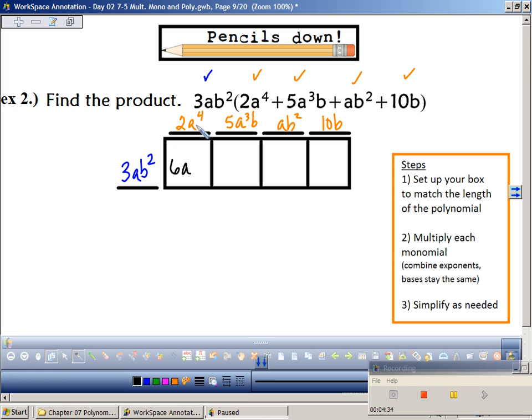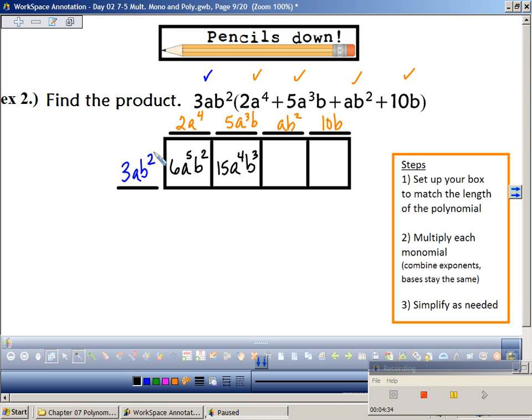All right, so 3 times 2 is 6. A to the first power times a to the fourth power is a to the fifth power. B squared, nothing to multiply that by. That term is done. 3 times 5 is 15. A times a cubed is a to the fourth. B squared times b is b cubed.